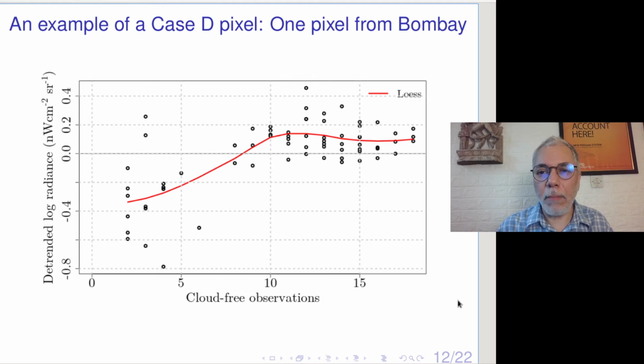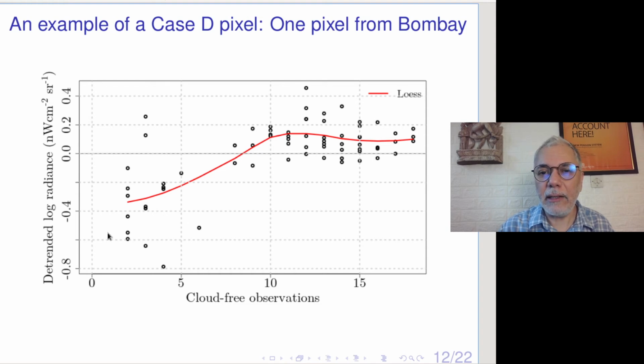Here's 1 pixel in Bombay, the same pixel that we showed earlier, and we call this a case D pixel. On the y-axis, we remove the time trend from log radiance, and on the x-axis, we put the number of cloud-free observations. You see the radiance is higher for the months where there are more cloud-free days.